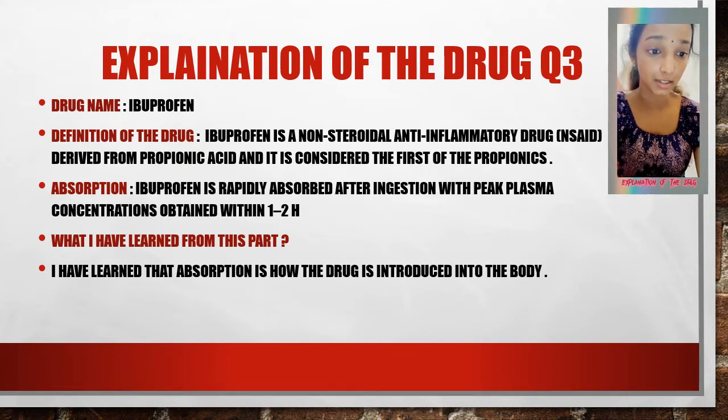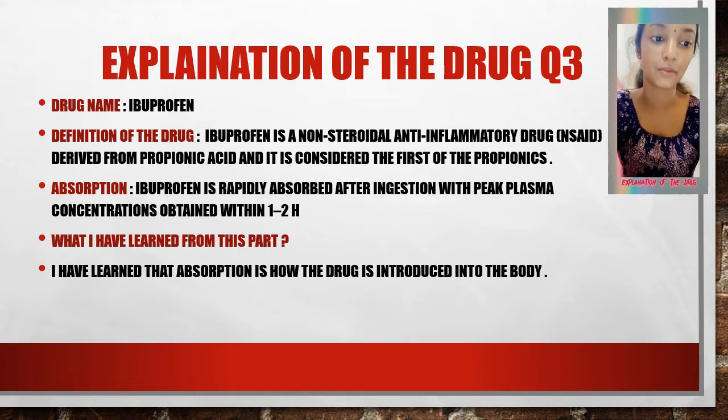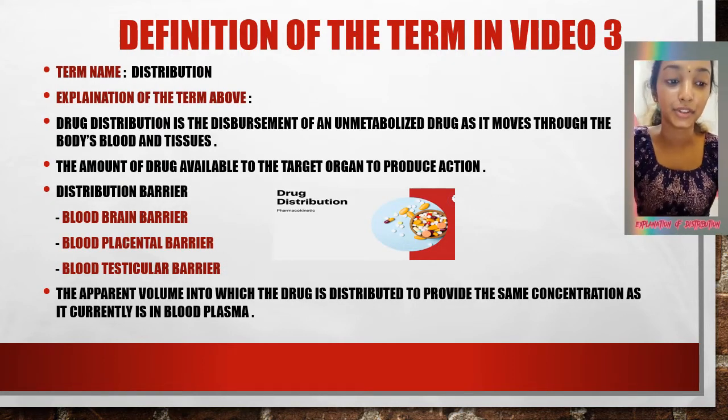Absorption: ibuprofen is rapidly absorbed after ingestion in the intestines, with peak plasma concentration obtained within 1 to 2 hours. What I have learned from this part is that absorption is how the drug is introduced into our body. Let me continue with the definition of the term in video 3.